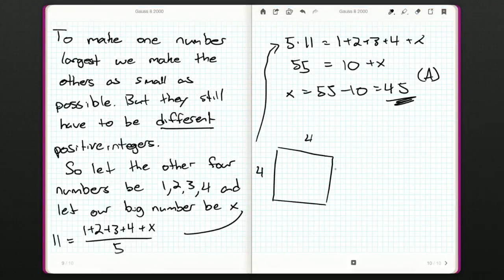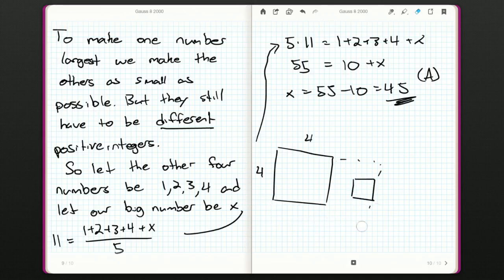Now we ask ourselves, well, where's the other smaller square going to go? Now, if it goes anywhere other than touching this bigger square, how are we going to make a square out of two other rectangles when we have to fill in this whole area here? Right? It can't be done. It cannot be done.